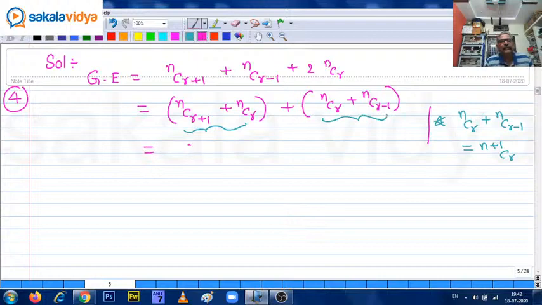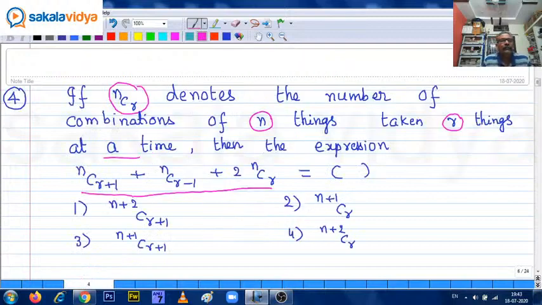This equal to n plus 1 CR plus 1. Am I correct? Plus this can be written n plus 1 CR. Again applying the same formula. For n plus 1 you need to add 1. R plus 1 you need to take. That is n plus 2 CR plus 1. That means option 1 is the right option.